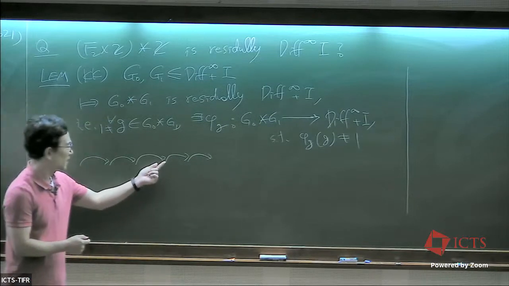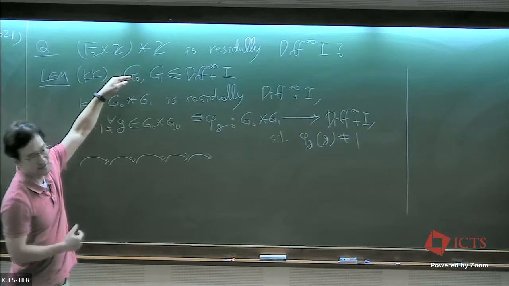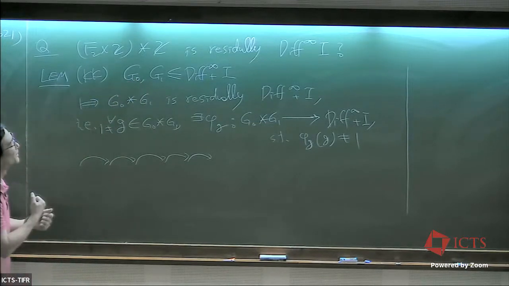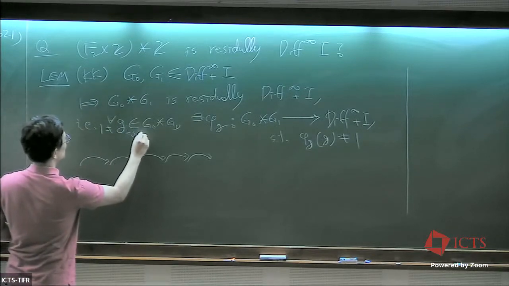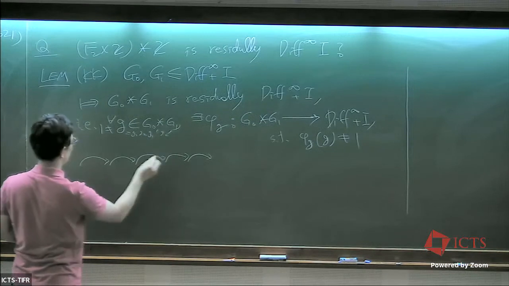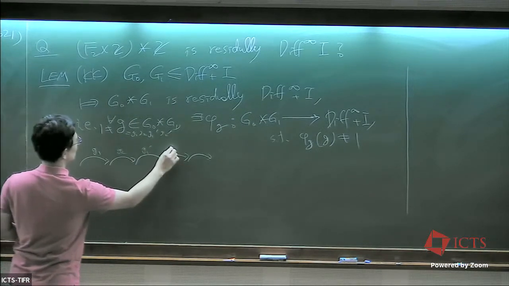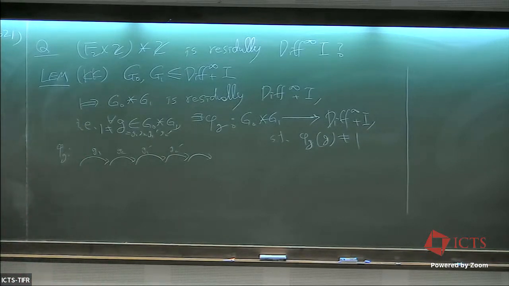Sometimes you might have to reverse the direction, but in that case you take the opposite representation of the group. So if this is written as G1, G2, G1 prime, G2 prime, then G1 is doing this thing, G2 is this thing, G1 prime is this, G2 prime is this thing under phi G.